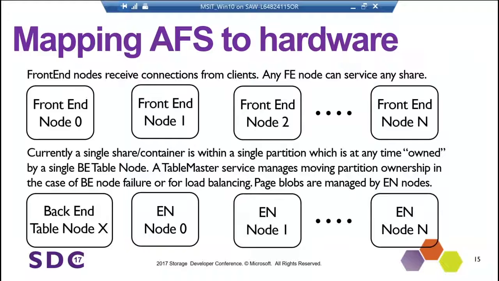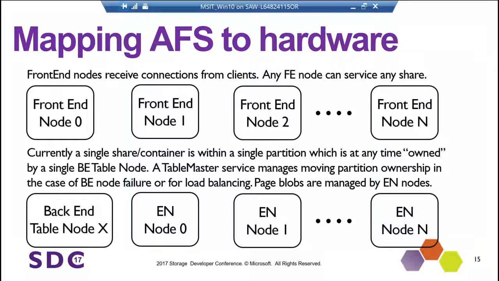And the back-end EN nodes are the ones that actually have the data. I show here on the lower left the back-end table node, and that would be, if you open a particular share, the node that right now is hosting that share. But the data for all the files in that share are spread out among many EN nodes. So there is this one bottleneck for a particular share of a single Xtable server that allows us to do the transactions for metadata operations in a non-distributed way, because distributed transactions are slower and harder.